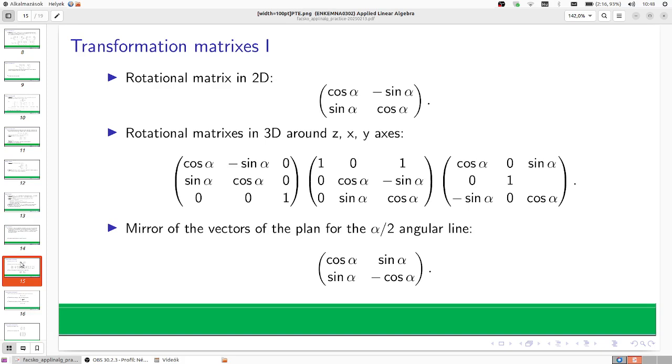Then you have the matrix here. You just add 45. Cosine is, if I remember well, this, and this is also this. And this is it.